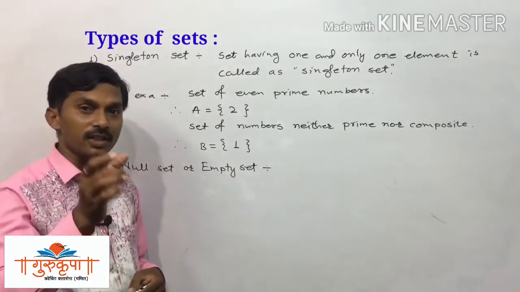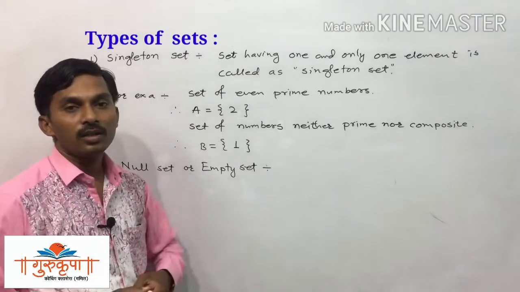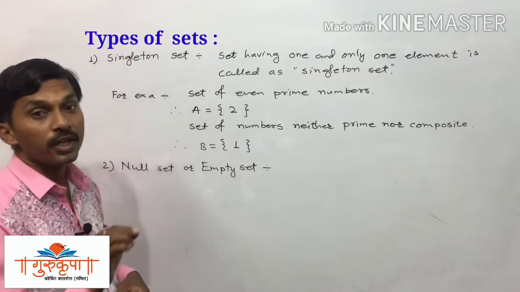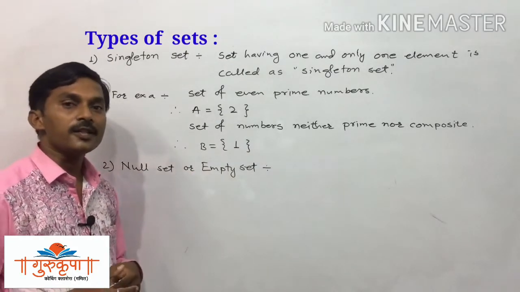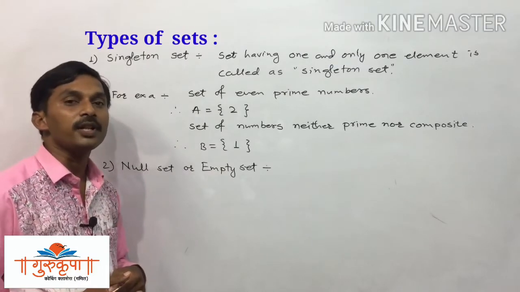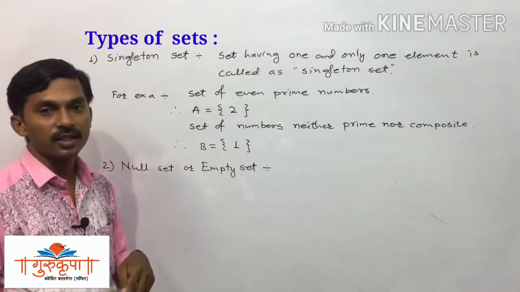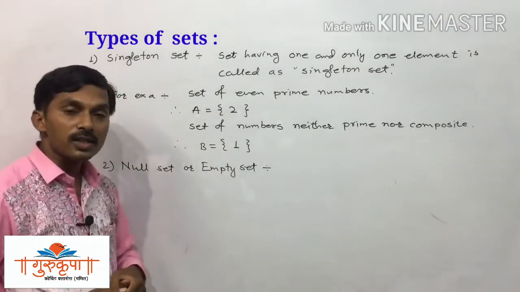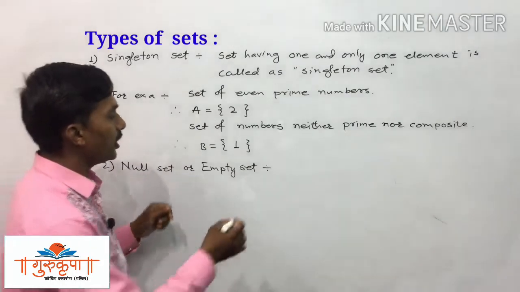If nothing is there, then we can say empty, or null. Null means nothing is there in the given set. If there is no element in the given set, then that set is called a null set or an empty set. If we have one element only, then it is a singleton set. If no element is there in the set, then it is called a null set or an empty set.